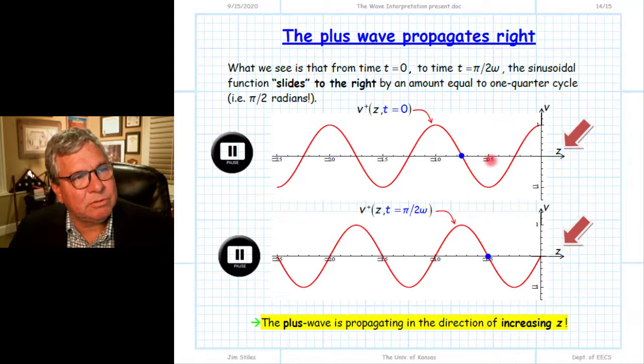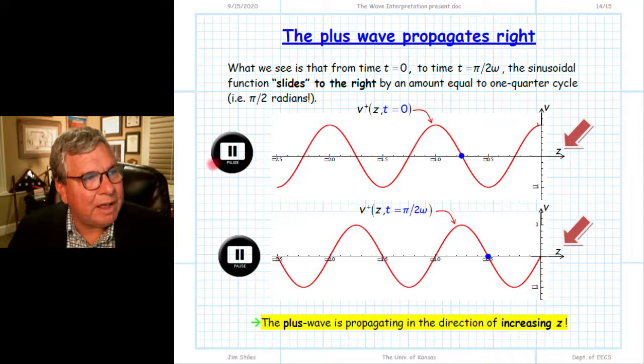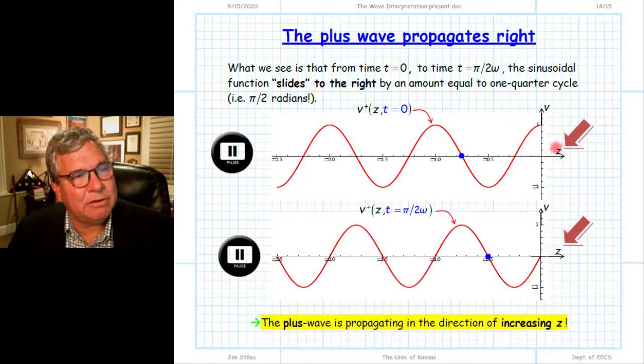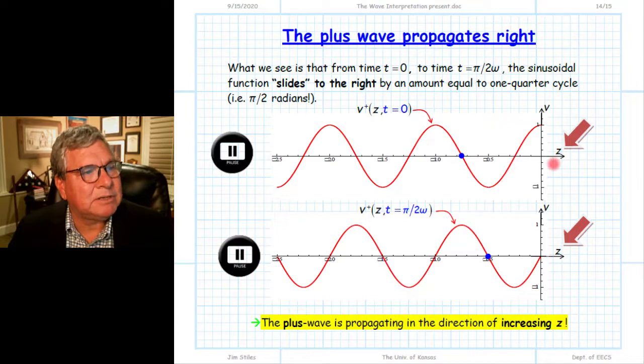So it slid to the right as we moved from time t equal to 0 to time t equal to pi over 2 omega. And that's what we have. We have a wave that's propagating down the line in the direction of increasing z. These wave crests propagate, move, slide along as a function of time down the transmission line.